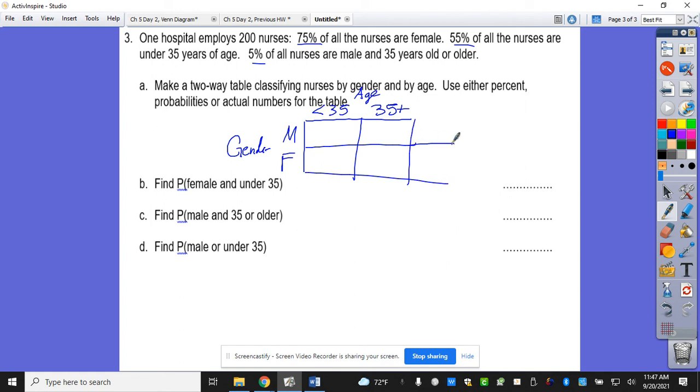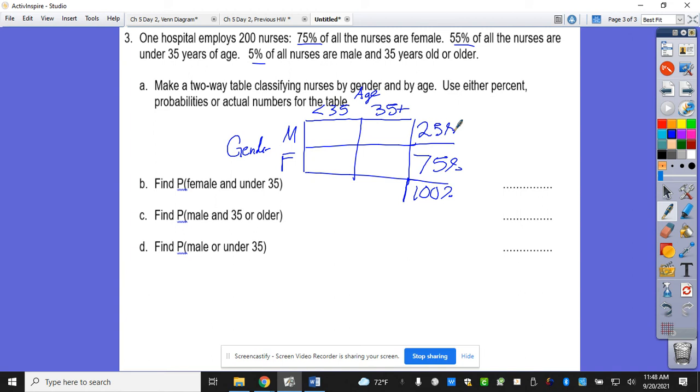So what's going to go right here if I do percents? 100%. 75% are female, so that's my total here. 75% are female. What is that? Chapter 1 refresh. That is a marginal probability. So what's my marginal probability of males? 25%. Kind of bringing in stuff that we haven't brought in a while.